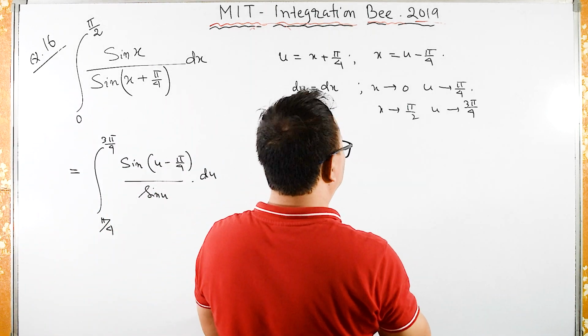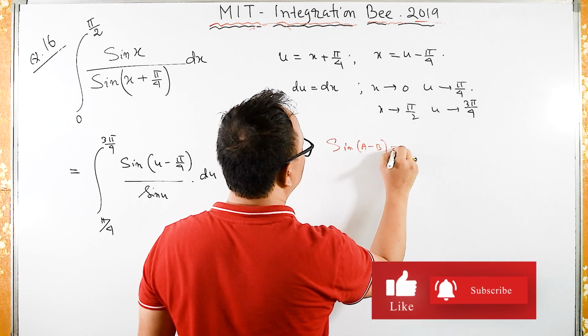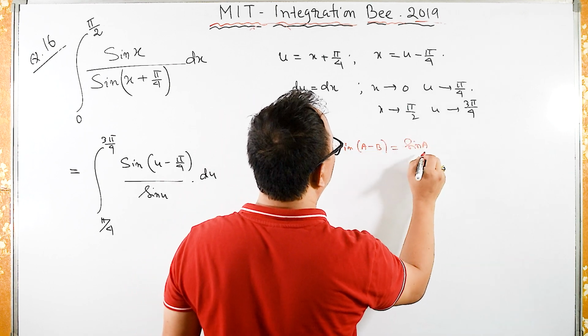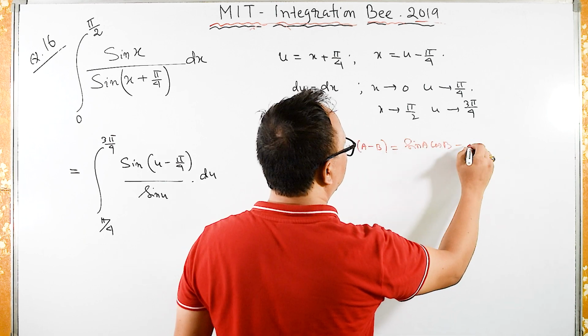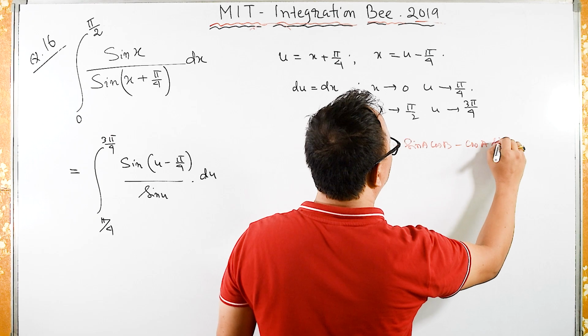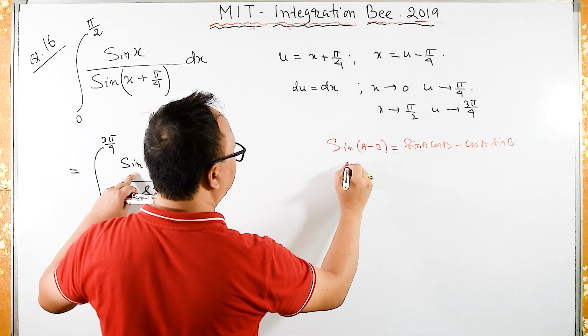Remember, what is sine a minus b? Sine of a minus b is sine a cos b minus cos a sine b. So by applying this formula, what do we have?